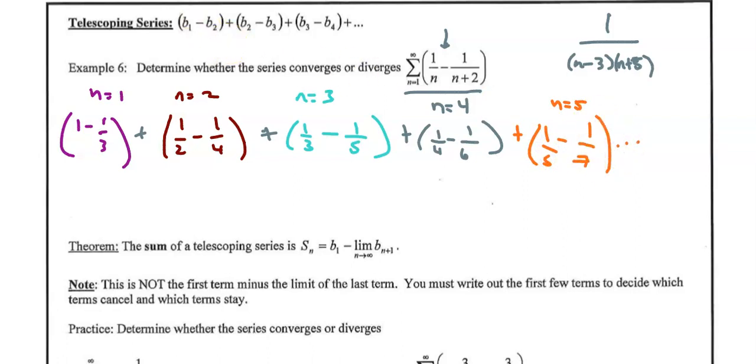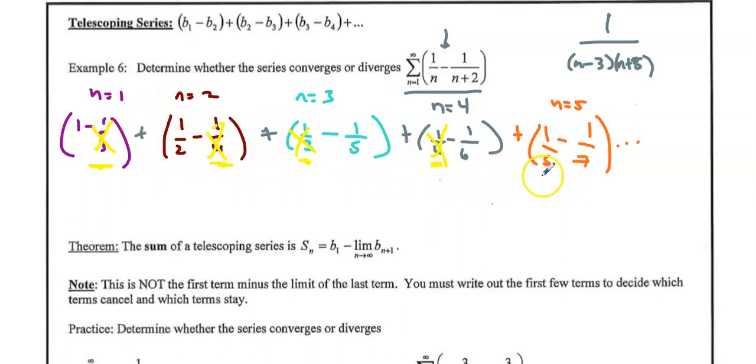What you guys can see here in these first terms is that this first negative 1/3, if we keep adding all these terms together, eventually I'm going to be adding 1/3. So this negative 1/3 and this 1/3 are going to cancel. Then if you look at this negative 1/4, we have a positive 1/4 right here, so that's also going to cancel.